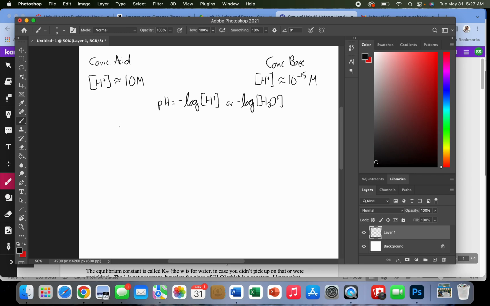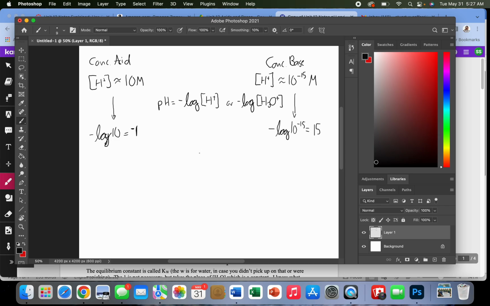So if we took the negative log of 10, it is equal to negative 1. The negative log of 10 to the negative 15th is simply 15.